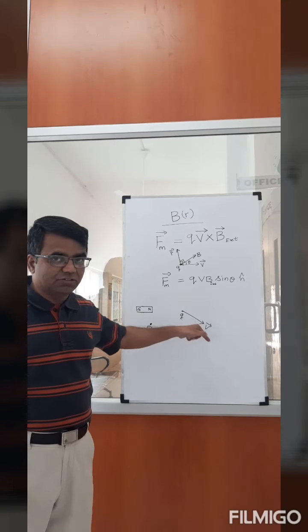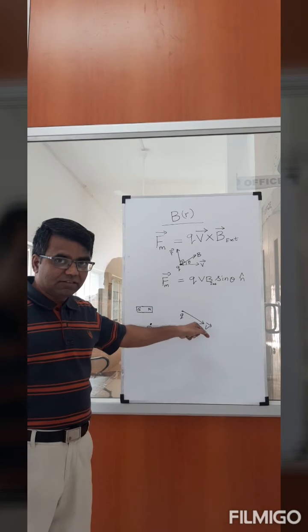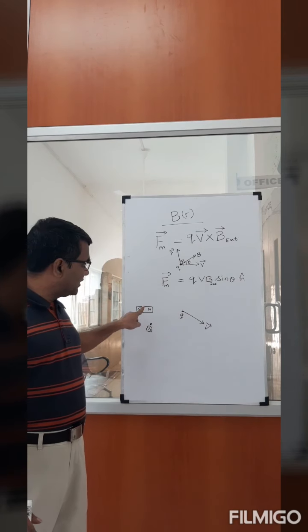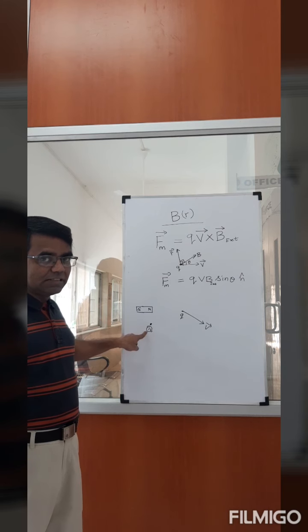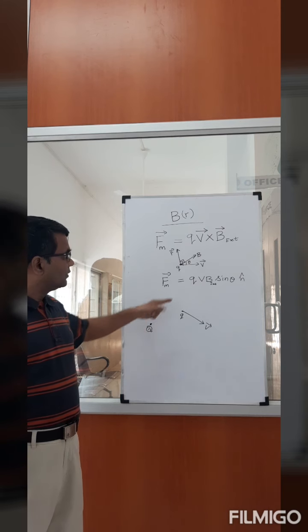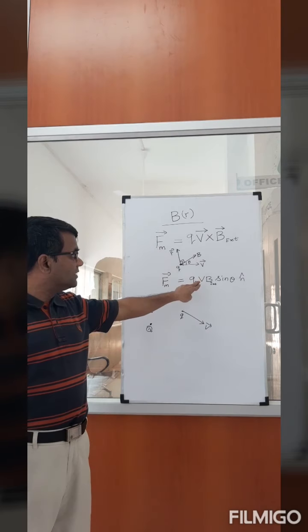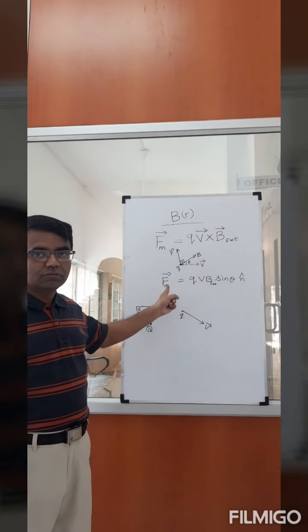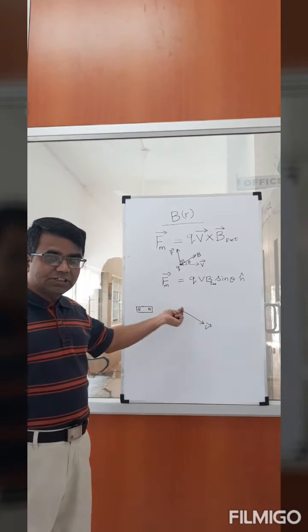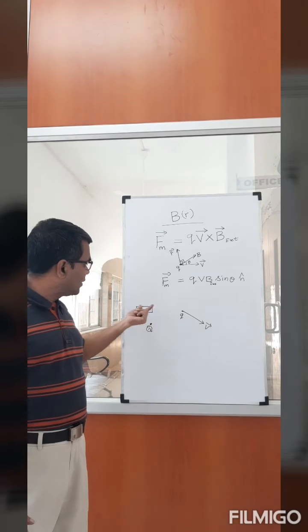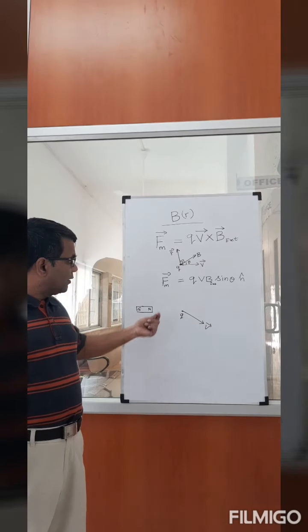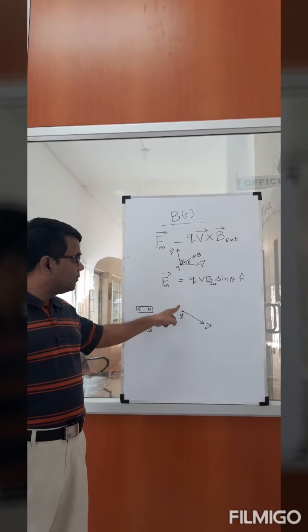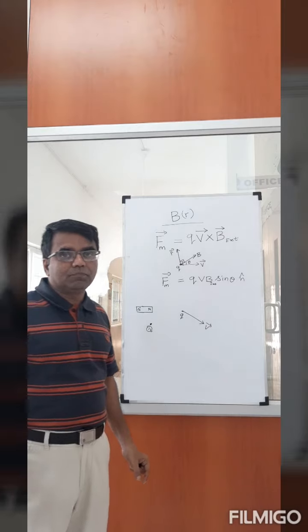This charge is not stationary. If the charge is stationary, it won't be affected by this; it will be affected only by the electric charge. You can look at that from the equation. If V is 0, then there is no force. So stationary charges will not be affected by the magnetic field, but moving charges will be affected by the magnetic field.